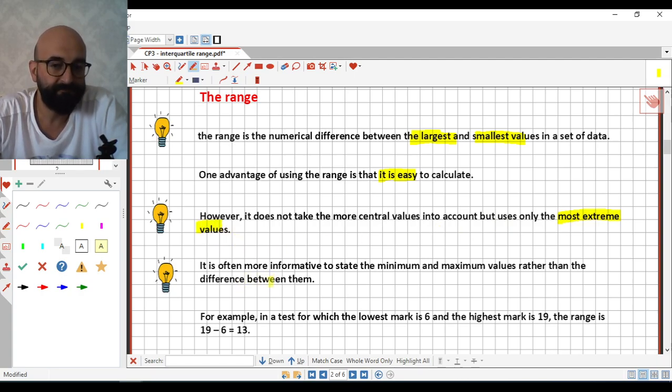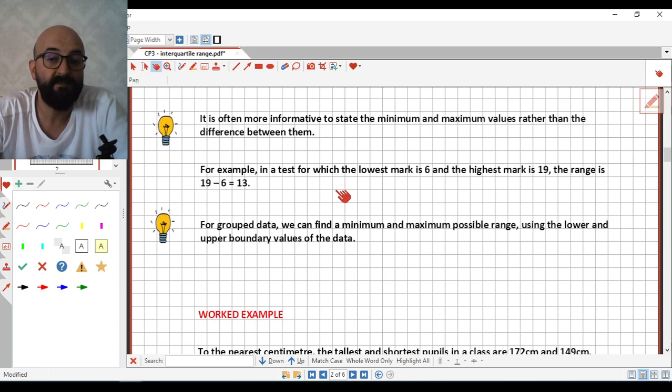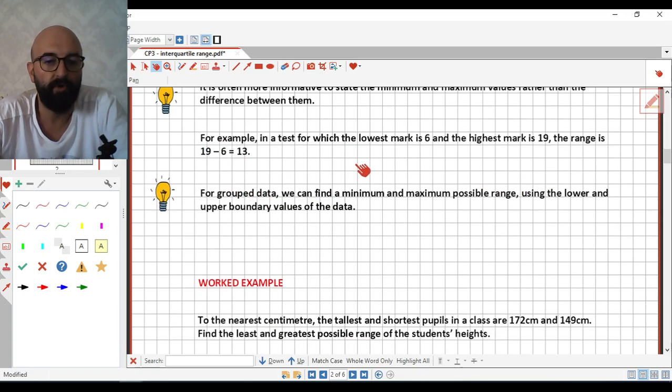It is often more informative to state the minimum and maximum values rather than the difference between them. For example, in a test for which the lowest mark is 6 and the highest mark is 19, the range is 19 minus 6 equals 13.